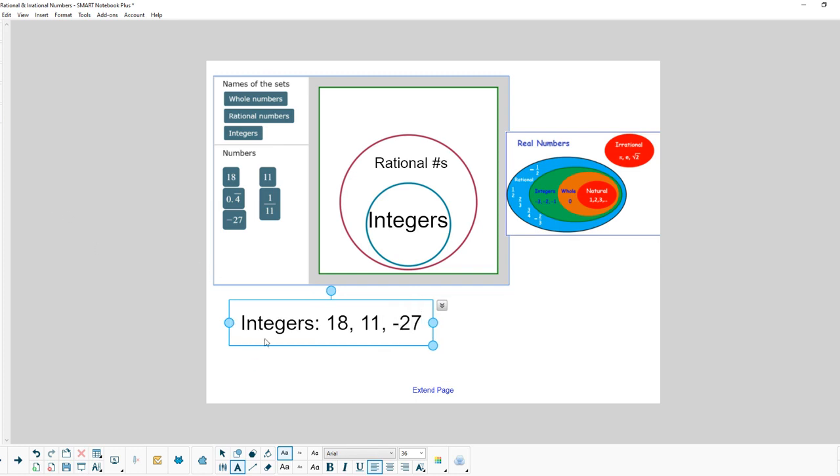The rational numbers would be these three numbers as well as those other numbers that don't fall into this set. The rational numbers would be the 1/11th and the 0.4, because they are strictly fractions and they're not integers. We do know that the other ones could also be rational numbers because they can be written as a fraction like 18/1. But 0.4 repeating and 1/11th are just rationals. They are not integers.